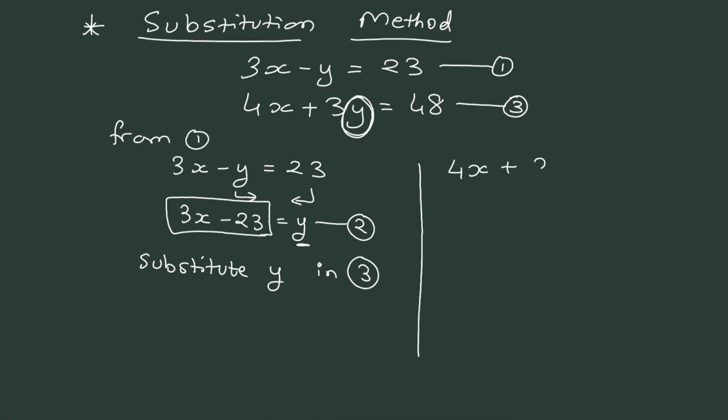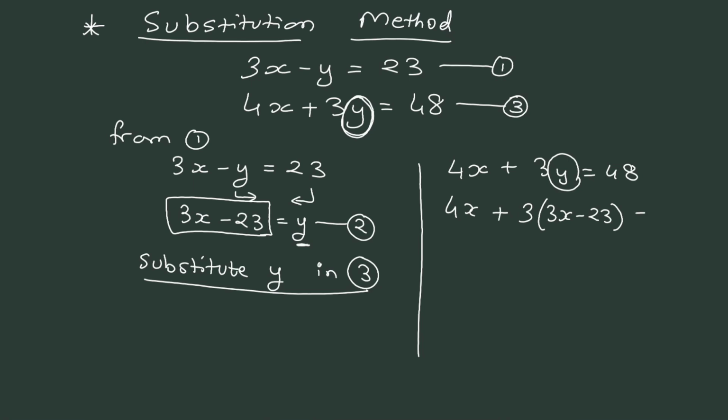4x plus 3y equals 48 is your equation 3. In place of y, you substitute: 3 as it is, 3x minus 23, 4x as it is, 48 as it is.